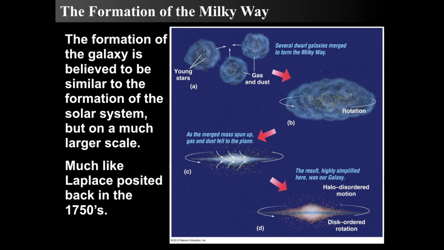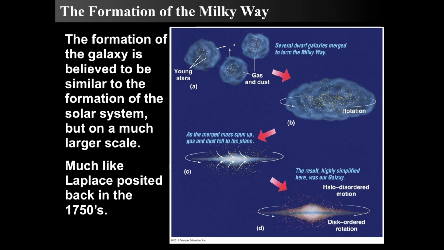All right, so how did the Milky Way form and create this structure? Well, in a very, very general sense, take small bundles of gas and dust in little dwarf galaxies and then smash them together. As they collide and form a larger ball of gas and dust, they will in general have some sort of generic rotation to them.